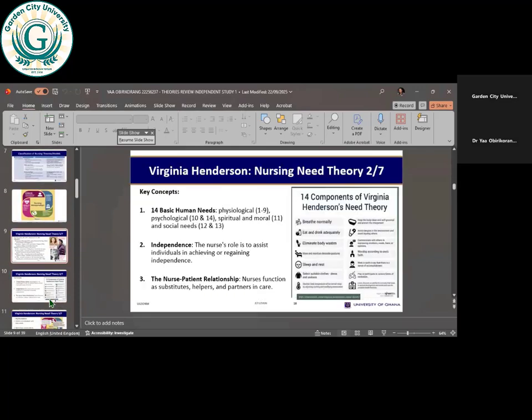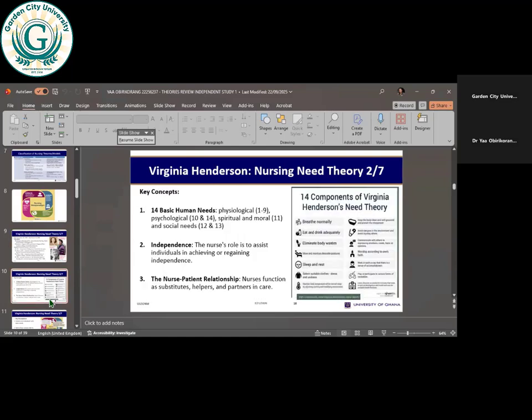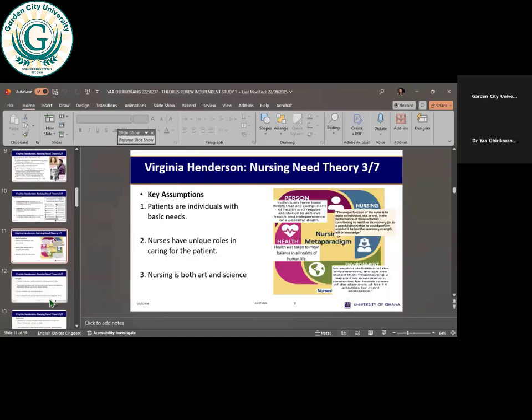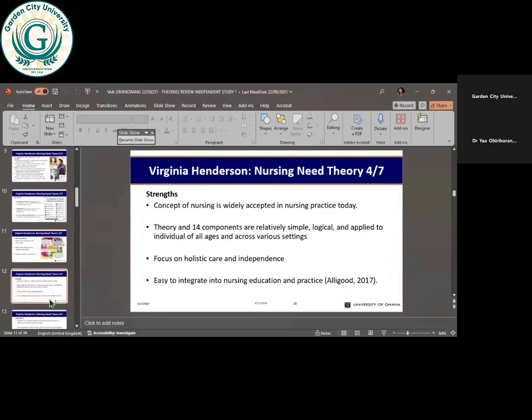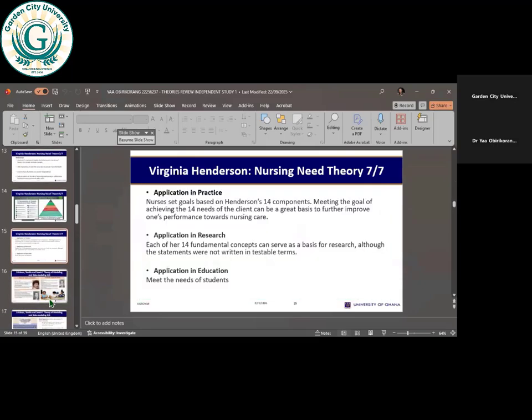For each, I provided a background of the theorist, a background of the theory, what the theory said, how the various concepts can be applied, and the strengths and the weaknesses. So that is how I went about it.